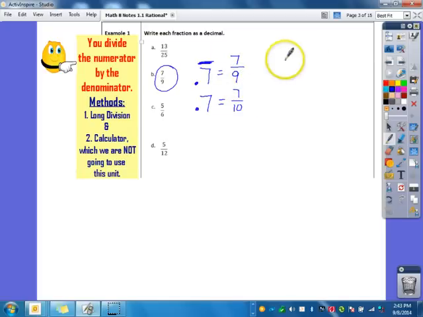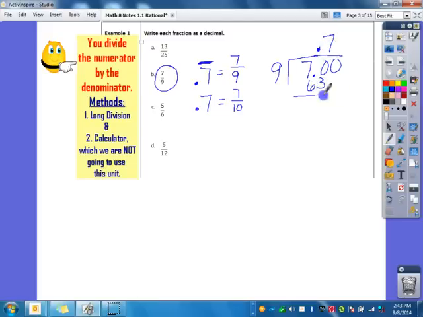And if you forget, well, top dog, 7 divided by 9. If you did the long division for it, 9 goes into 70 how many times without going over? 7 times 9 is 63.